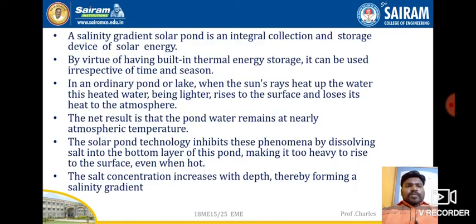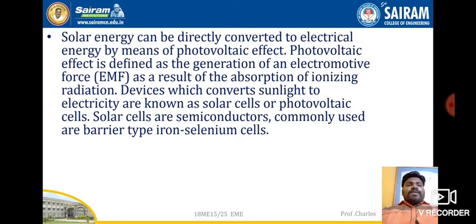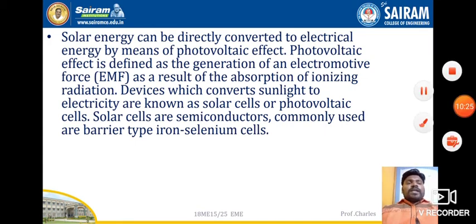And with the help of the photovoltaic cell, the power or current is generated, which is why it is called electrical energy. So finally we can say that solar energy can be classified into three different types: thermal energy, electrical energy, and chemical energy.